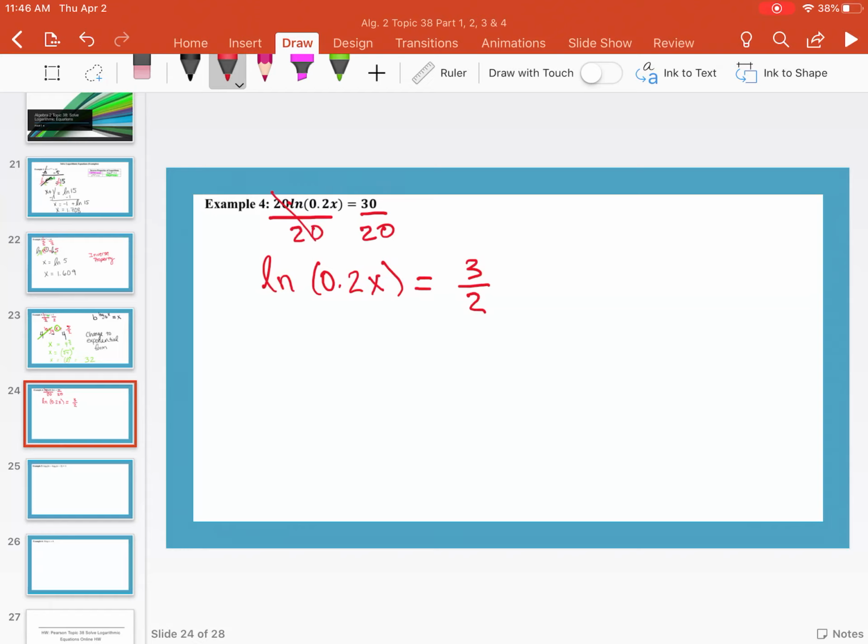Now using the same property that we used in example 3, but this time we're dealing with natural logarithms. So instead, we're going to use e to the ln base e of x equals x. And that's because my base with natural logs is e, or Euler's number.